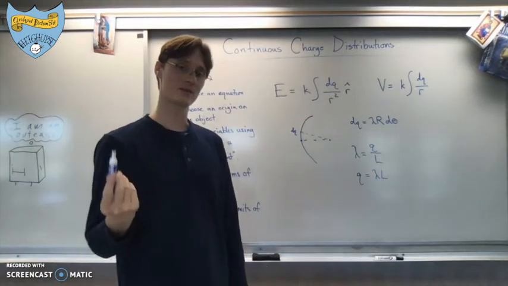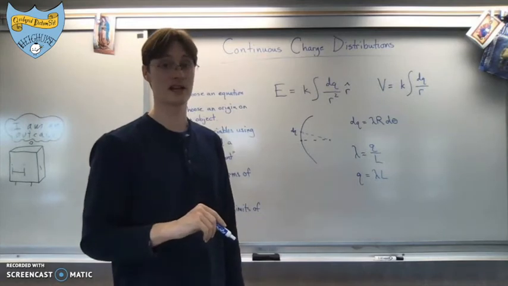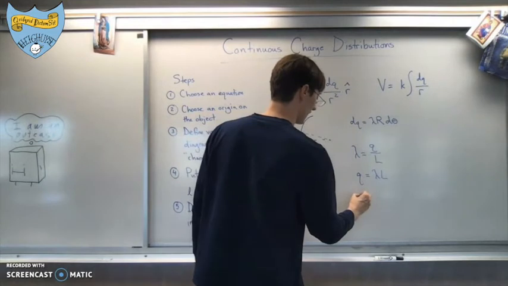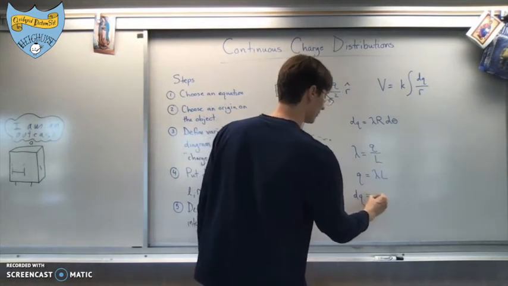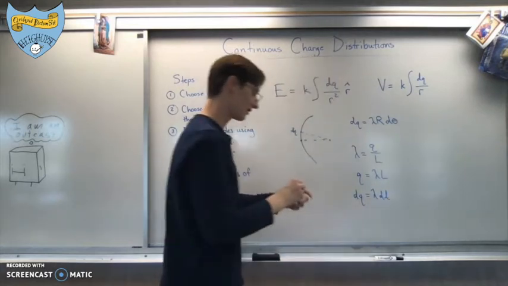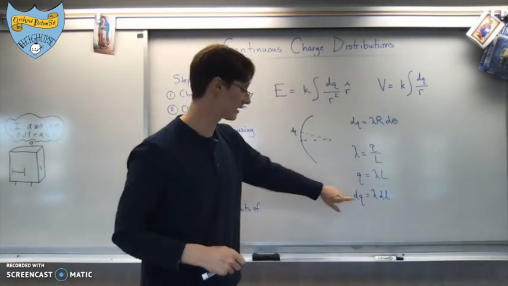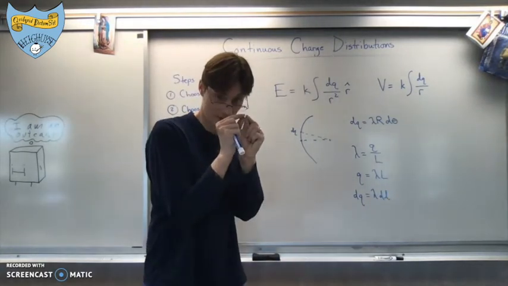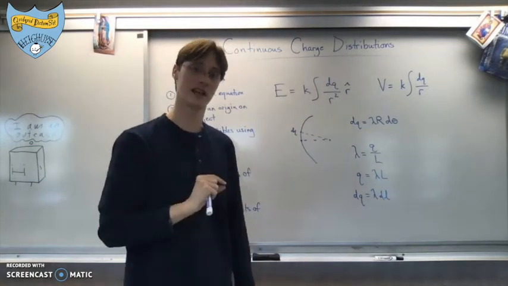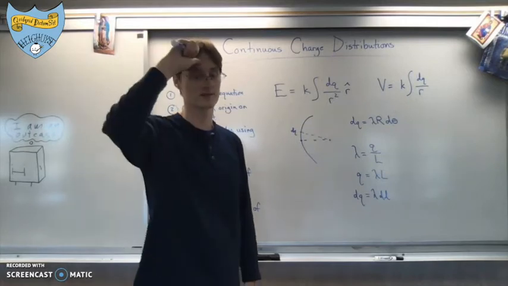Okay, now if I rearrange this to solve for Q, it would say Q equals lambda L. If I take the derivative of both sides to turn it into like a differential equation, it would say dq equals lambda dl. So the idea here is that there's a teeny tiny bit of charge on a teeny tiny bit of length along my object.